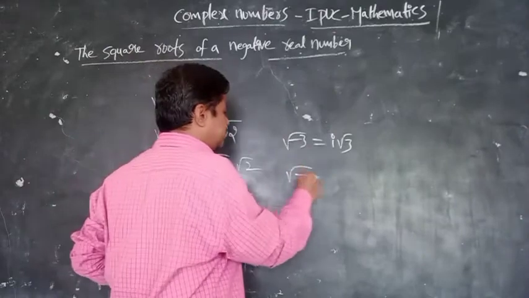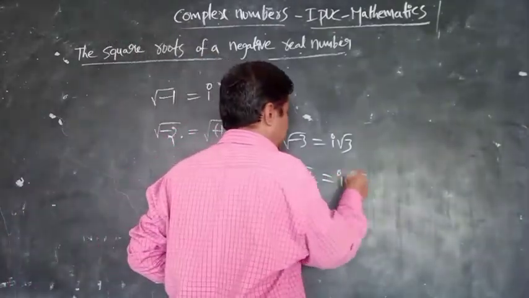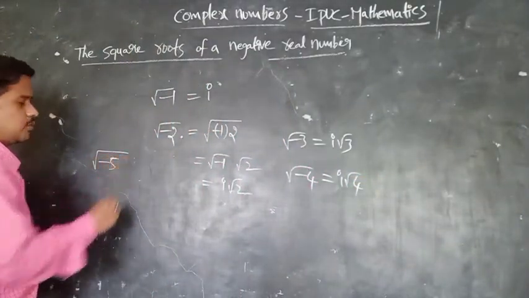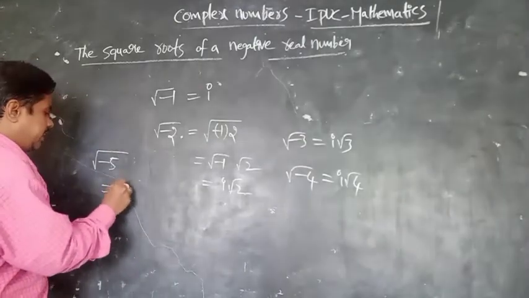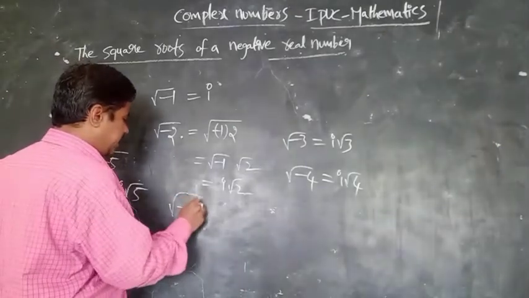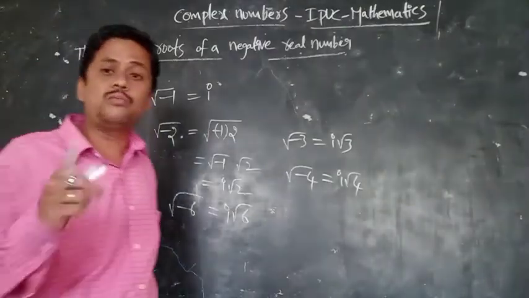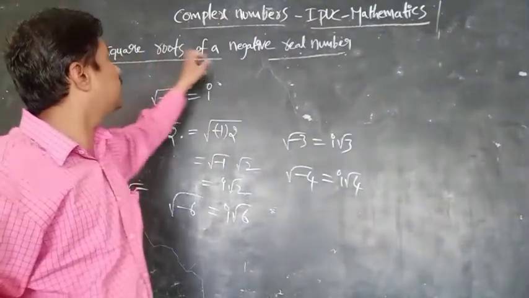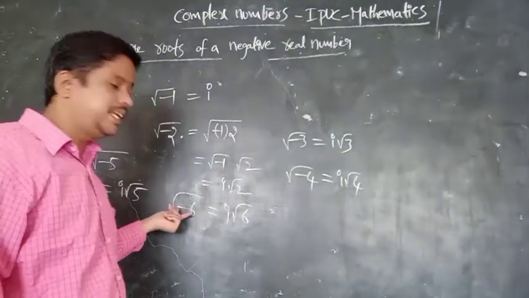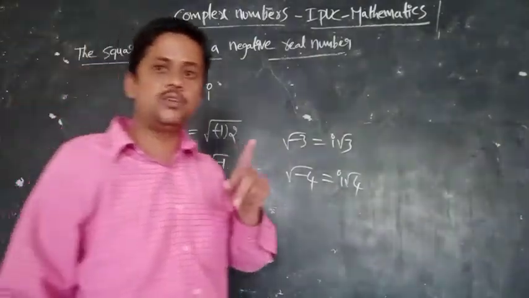Root of minus 4, tell me. Root of minus 4 is what? i into root 4. Root of minus 5 is i into root 5.